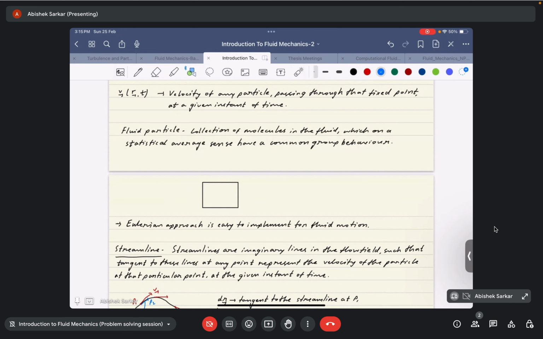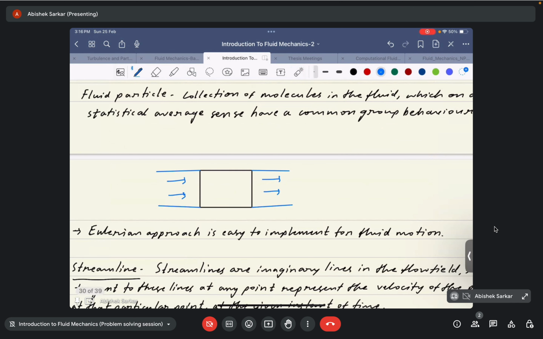So let's consider these to be the two streams of fluid going in and out of this particular duct. Forgive the accuracy of the drawing, but I hope it helps you understand the concepts. Okay, then these are the two streams of fluid flow. Let me name them the inlet and the outlet.